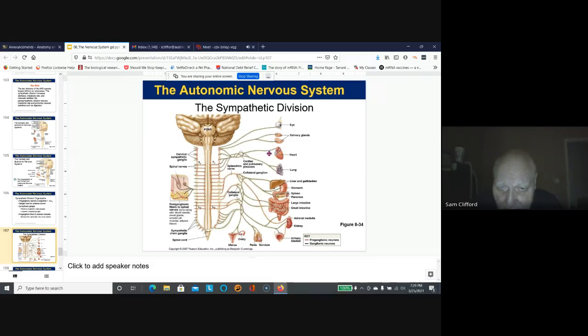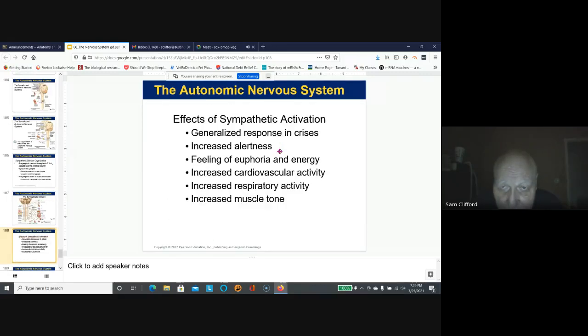It has sympathetic control to accelerate it when need be. It can be slowed down by the parasympathetic system. Okay? Crises, alertness. So all of these are the effects of sympathetic activation.